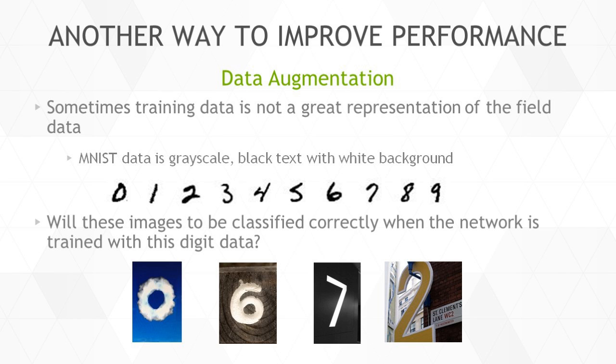In some cases, you may not have enough of this type of data, so you can't add it to your current MNIST data set. So sometimes you can augment your data, and you can augment it in a way that will provide or represent the input data you would like to classify.